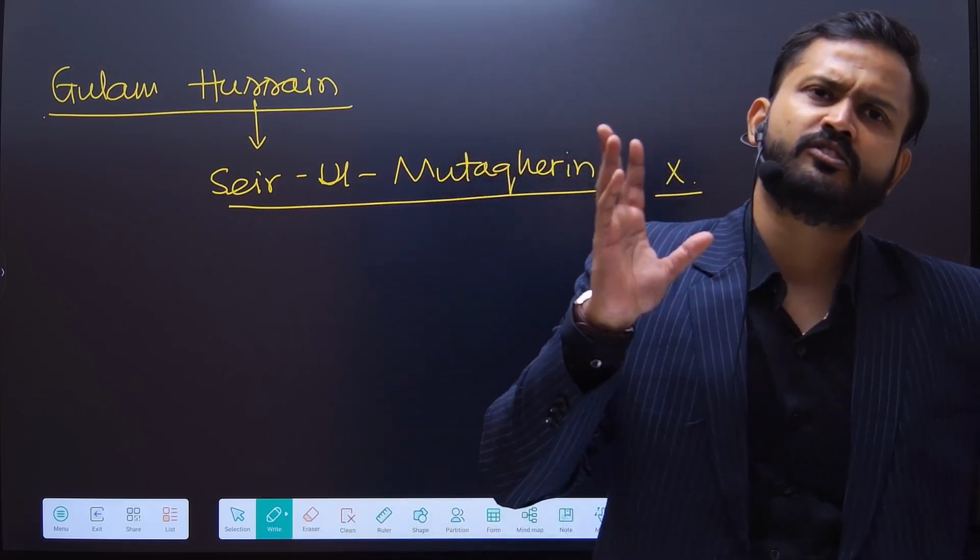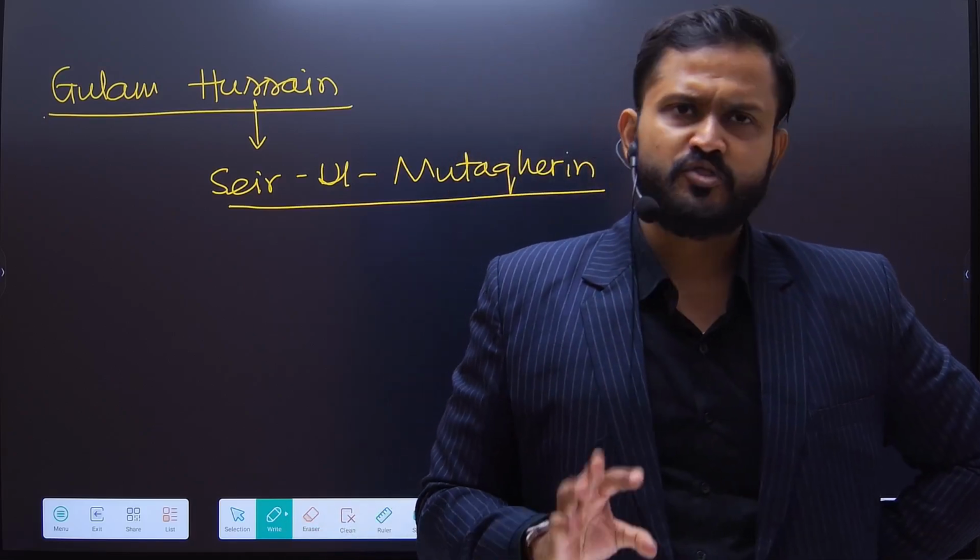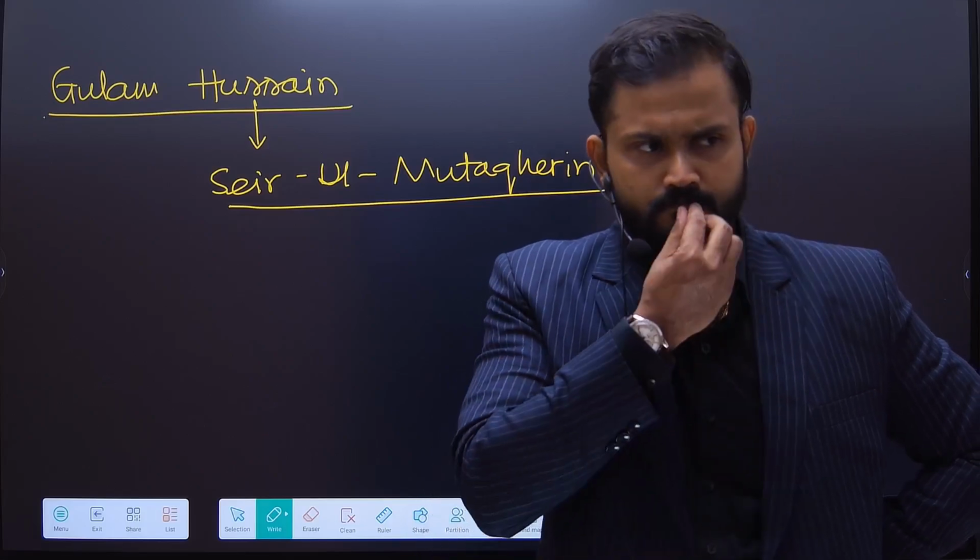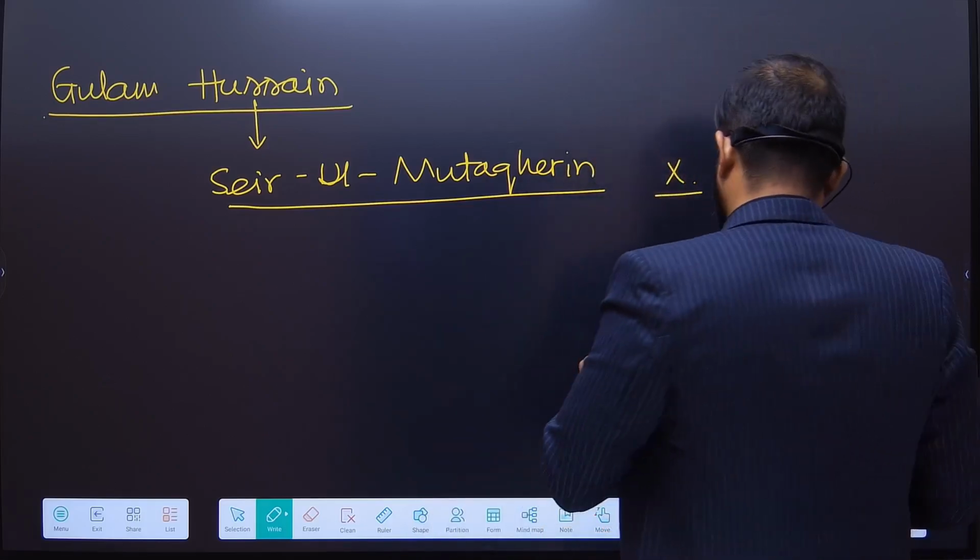This is the beginning, initial months of 1757. January basically.